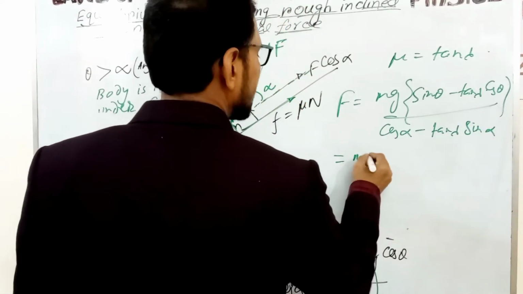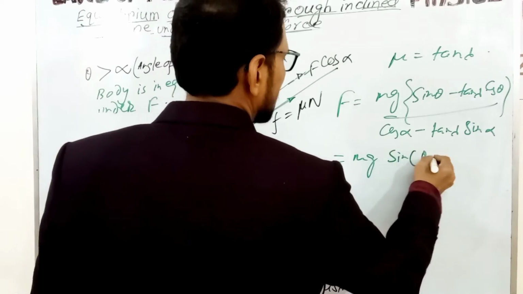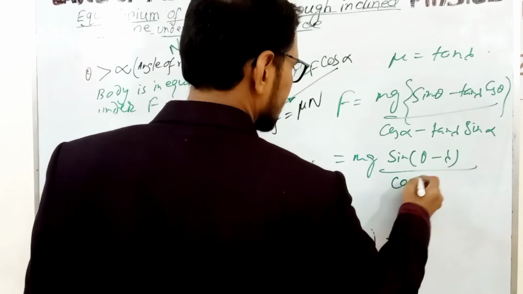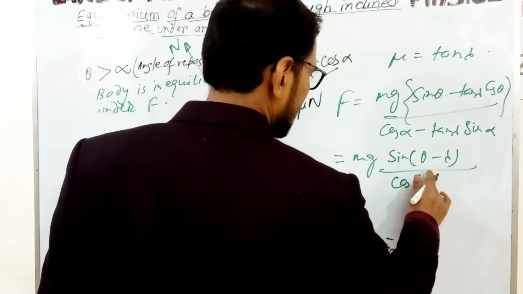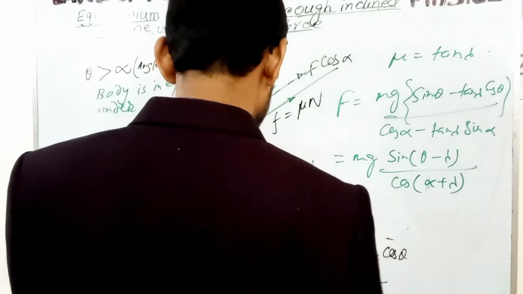After simplification we get F equals mg sin(theta minus lambda) divided by cos(alpha plus lambda). This is the force required.